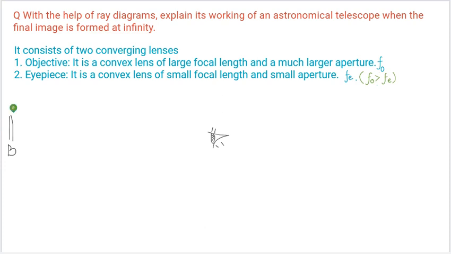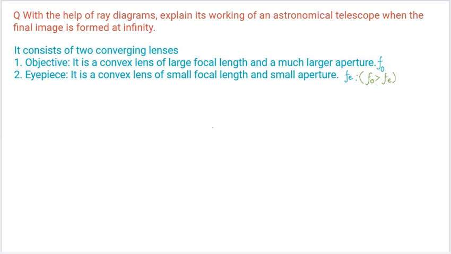Now coming to your astronomical telescope, it consists of two converging lenses. By converging lens, I mean convex lens. The first lens is your objective. This objective has a focal length Fo, a large focal length, and a much greater aperture, meaning more thickness. The second lens is your eyepiece.